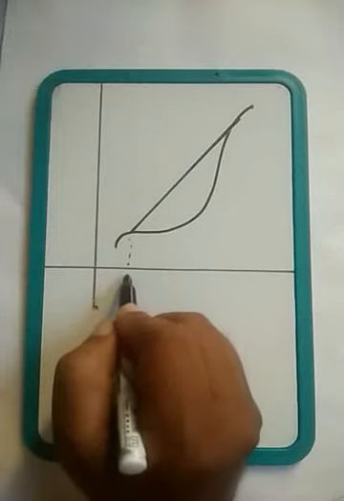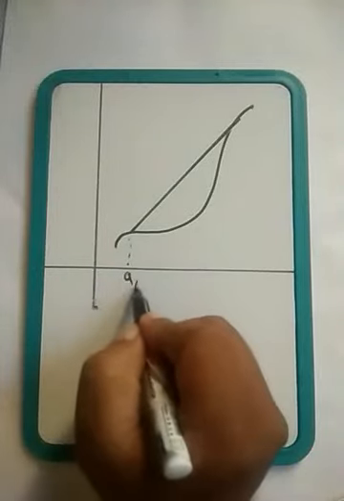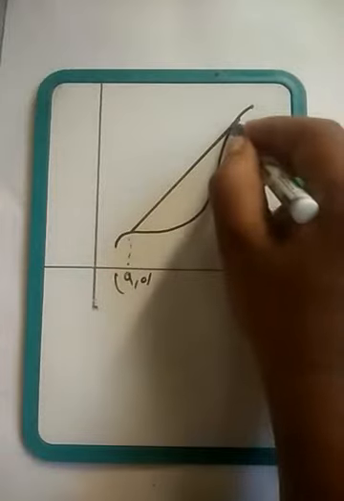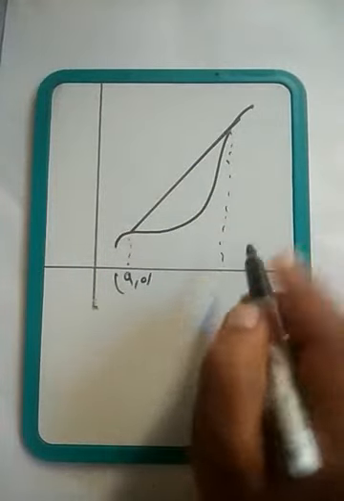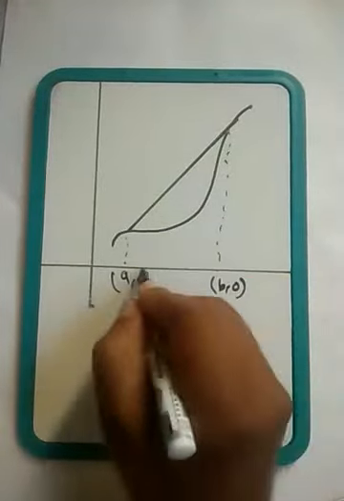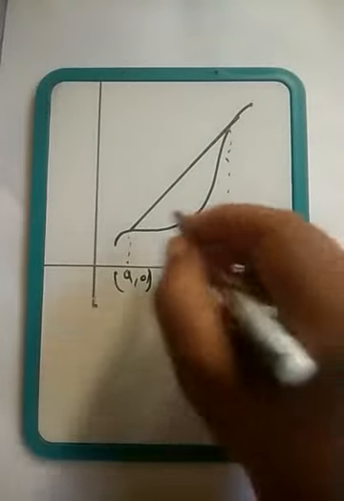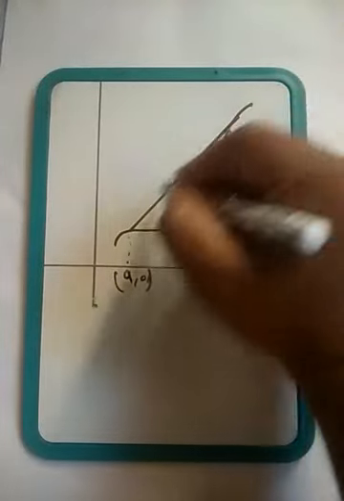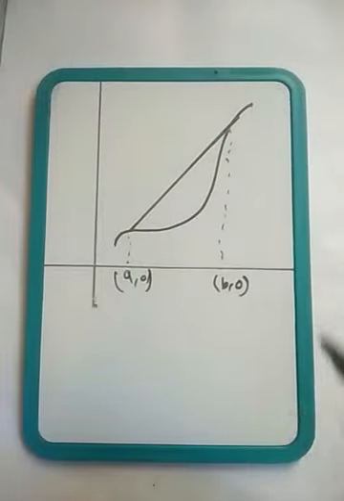This point over here is a comma 0, b comma 0. This is the line joining these. We have seen the slope also and so on.